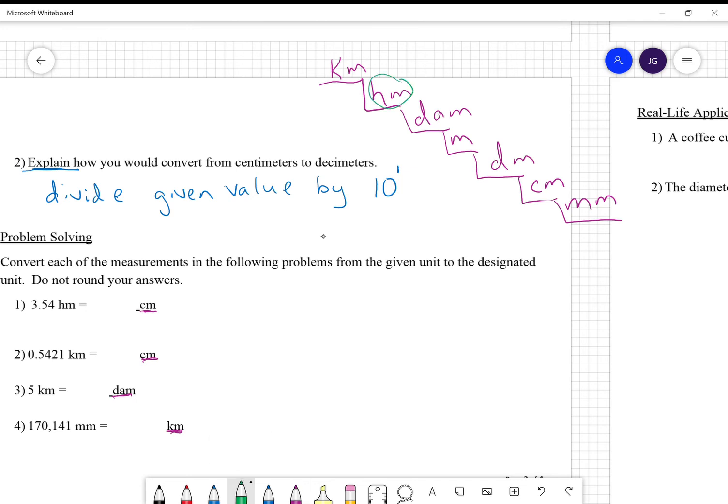Hectometers is this step. 1, 2, 3, 4 steps down. So it's 3.54 times 10 to the 4th. I'm going to write it over here. I just have more room. 35,400 centimeters.